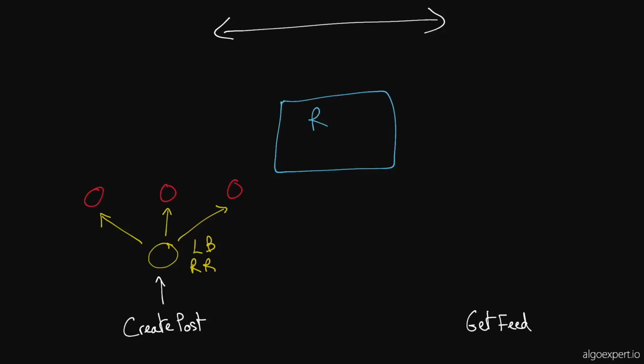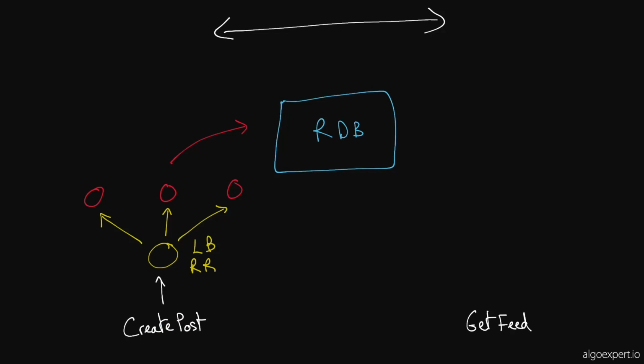I'll put RDB. This is going to be our main database. Now the question is, clearly these API servers are eventually going to have to store a post in this relational database. Maybe I'll put a tentative arrow here, but I'm not sure if they're exactly going to go directly to the database, but the idea is they will eventually have to store the post.